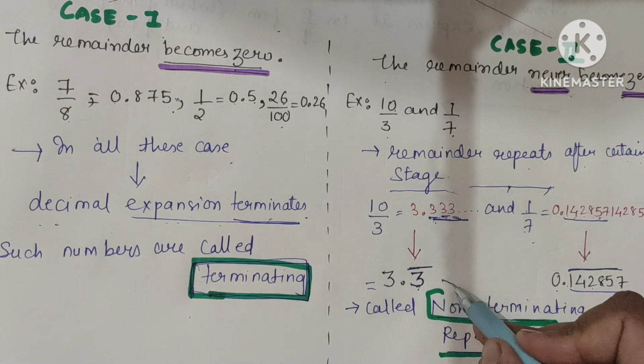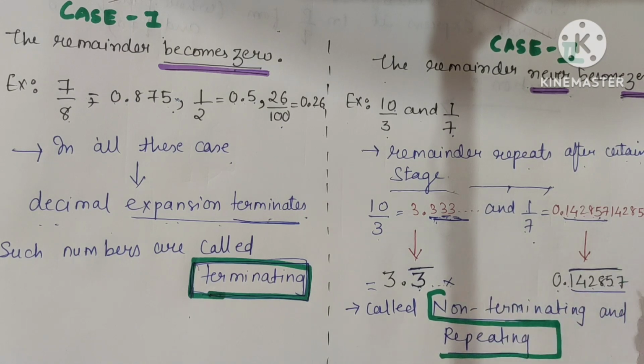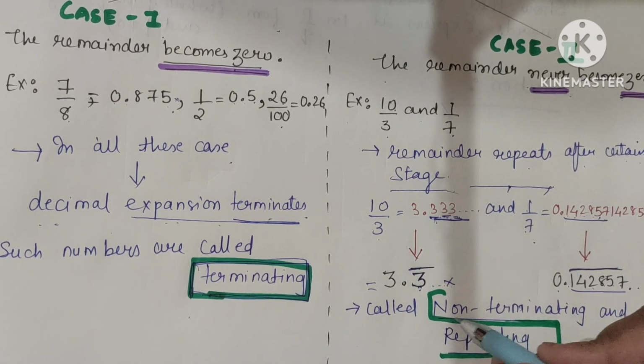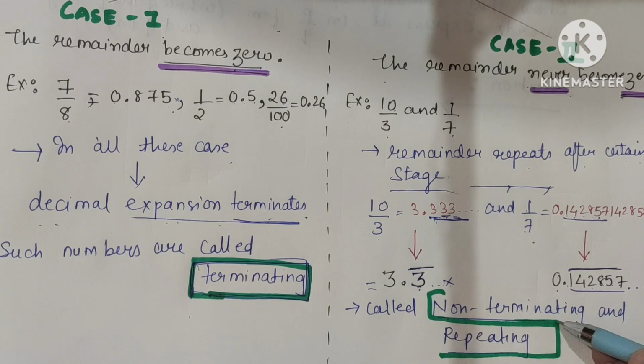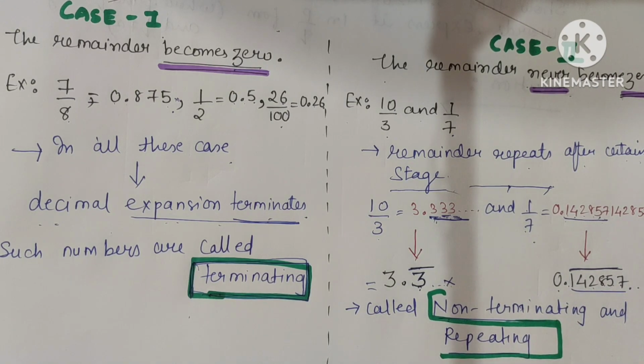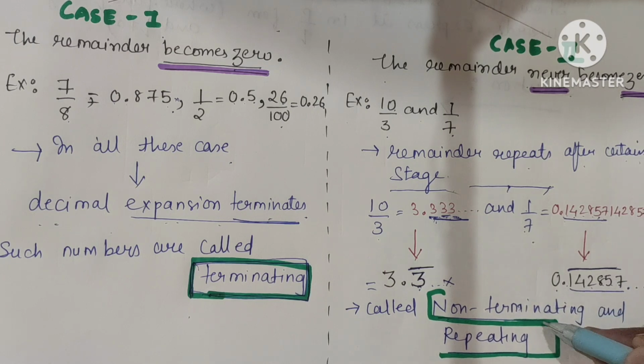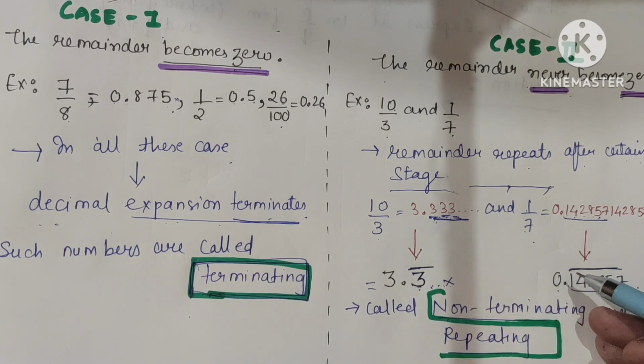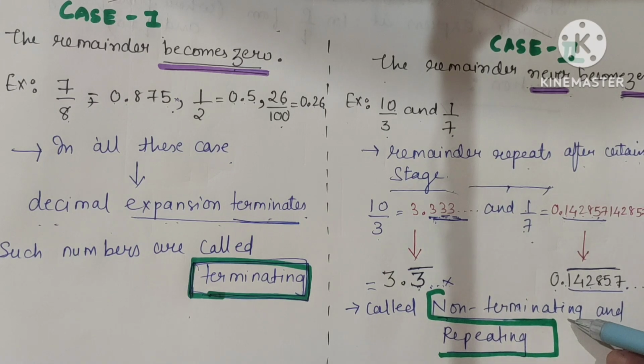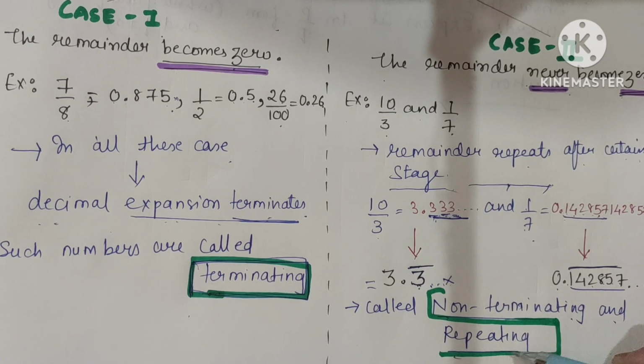So here there is no end, dot dot dot, it is going to continue. So what is it called? Non-terminating. Terminating means which is completed, but here it has no end, so it is non-terminating and repeating or recurring.